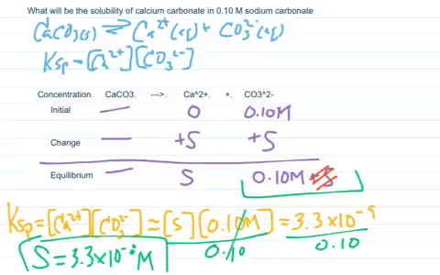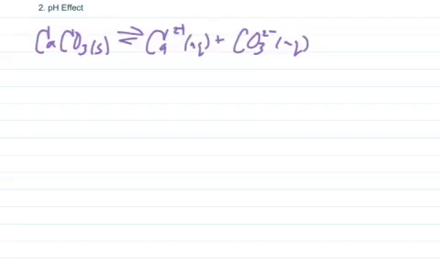Now let's talk about another effect that can happen, the pH effect. Let's do this by an example. If I give you calcium carbonate again, I'm going to break it up into its ions, the calcium and the carbonate. What do I know about calcium? Well, calcium is going to be neutral. Why? Because it comes from a strong base.